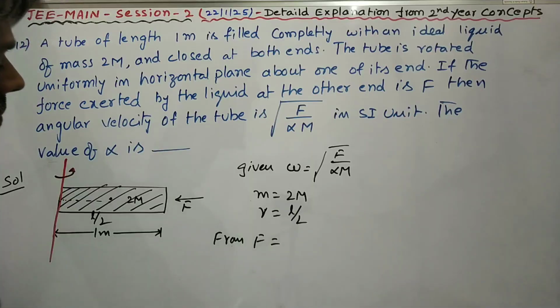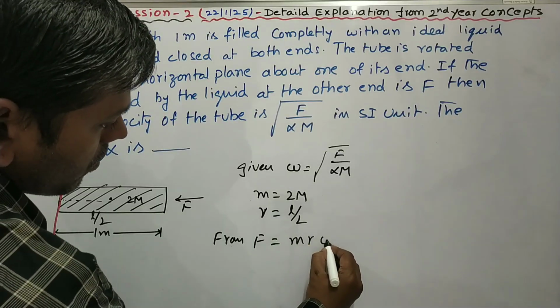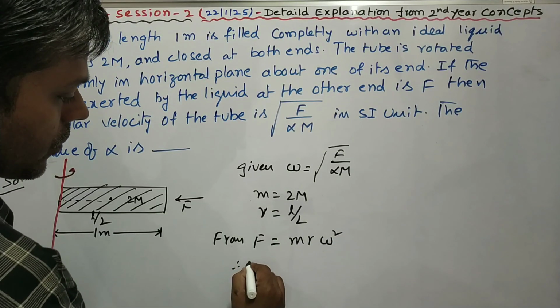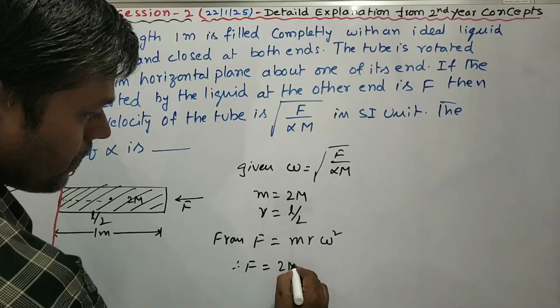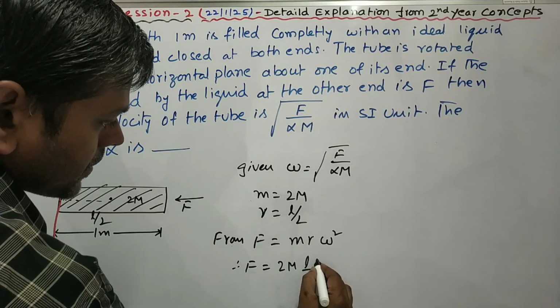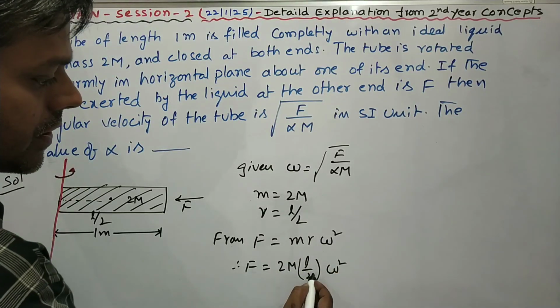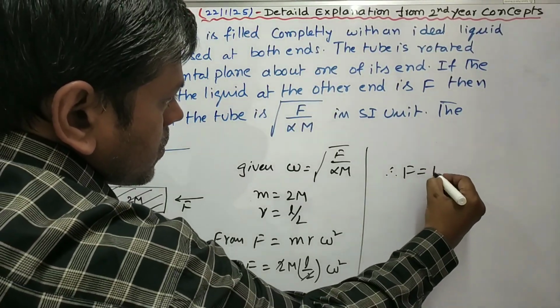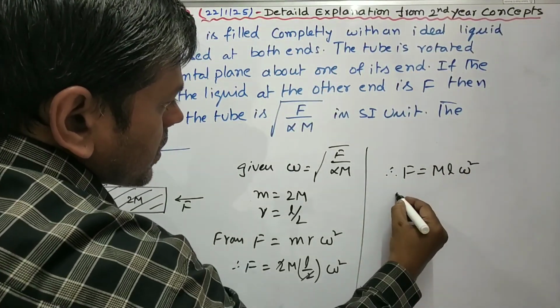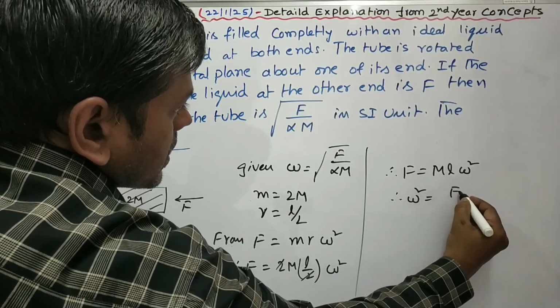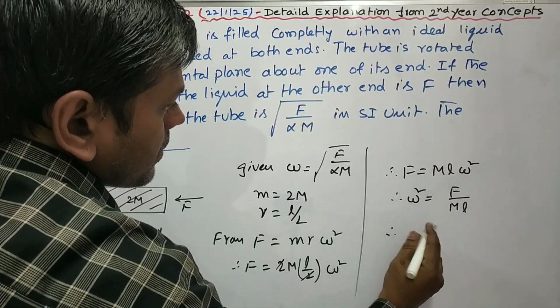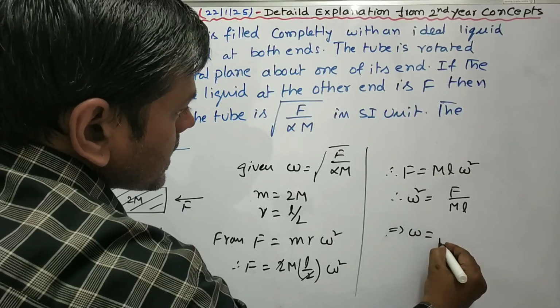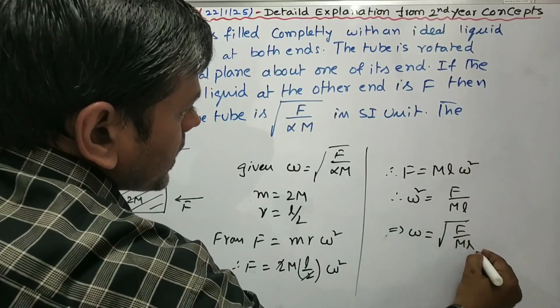When a body moves in a circular path, centripetal force is required: F is equal to m R omega square. Therefore F is equal to 2m into L by 2 into omega square. The 2 cancels, so F is equal to m L omega square. Therefore omega square is equal to F by m L, which implies omega is equal to root of F by m L.